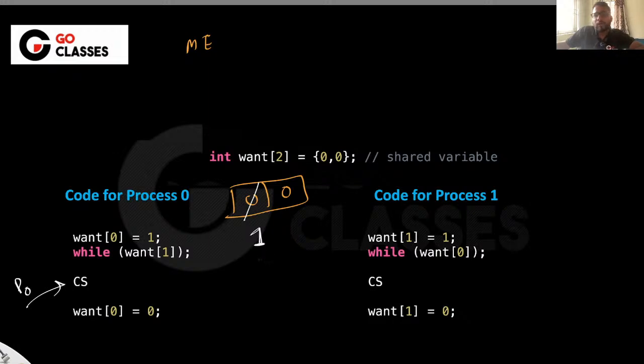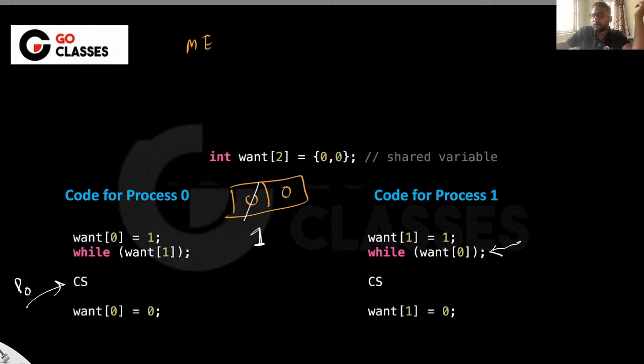Now tell me, can P1 enter? If one process is in the critical section, can another process enter? P1 will make want 1 true, and since want 0 is 1, it will get stuck here, right? P1 cannot enter. So while P0 is in the critical section, P1 cannot enter. That is one thing to check for mutual exclusion.